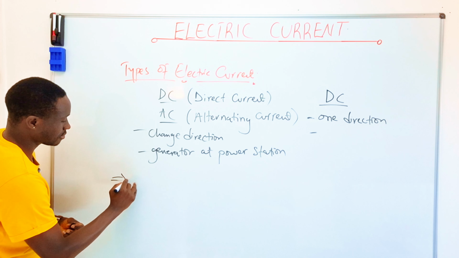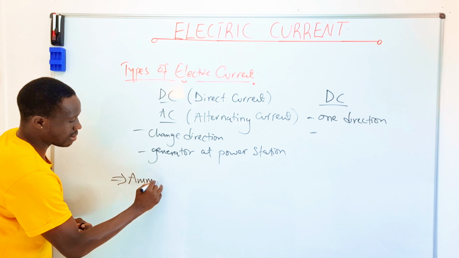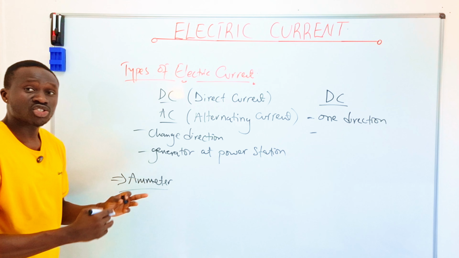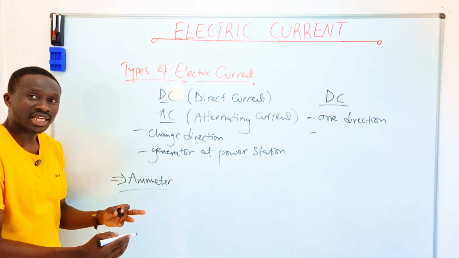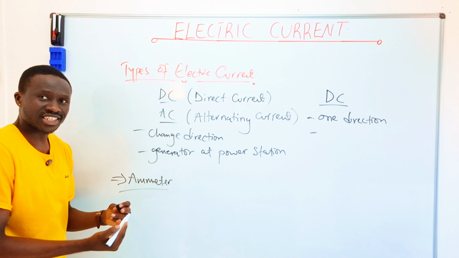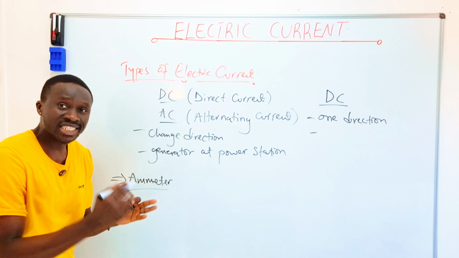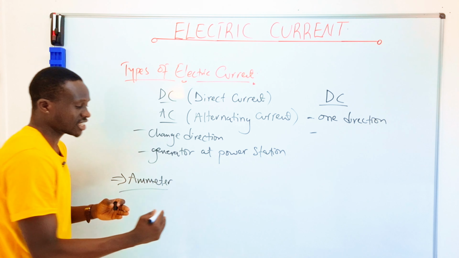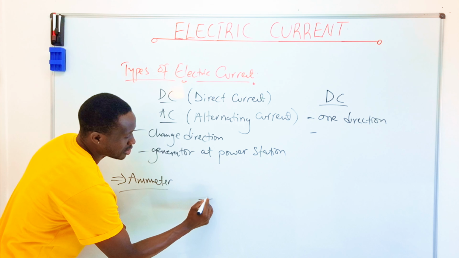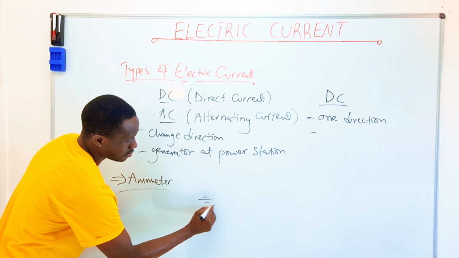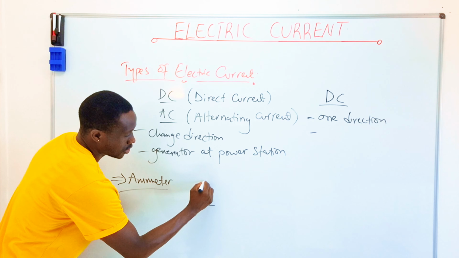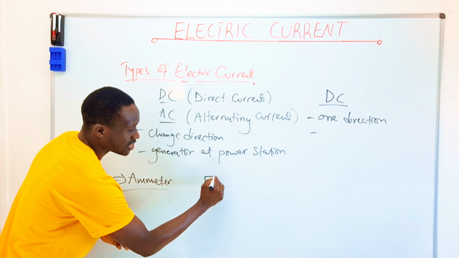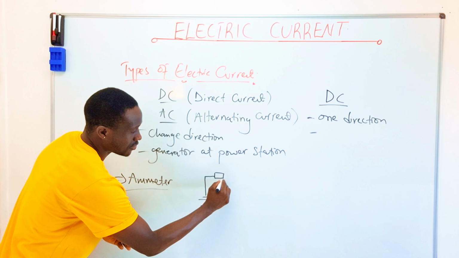An ammeter is connected in series. When you're measuring current, let us say this is our battery, we want to measure current, so we put the ammeter in series.